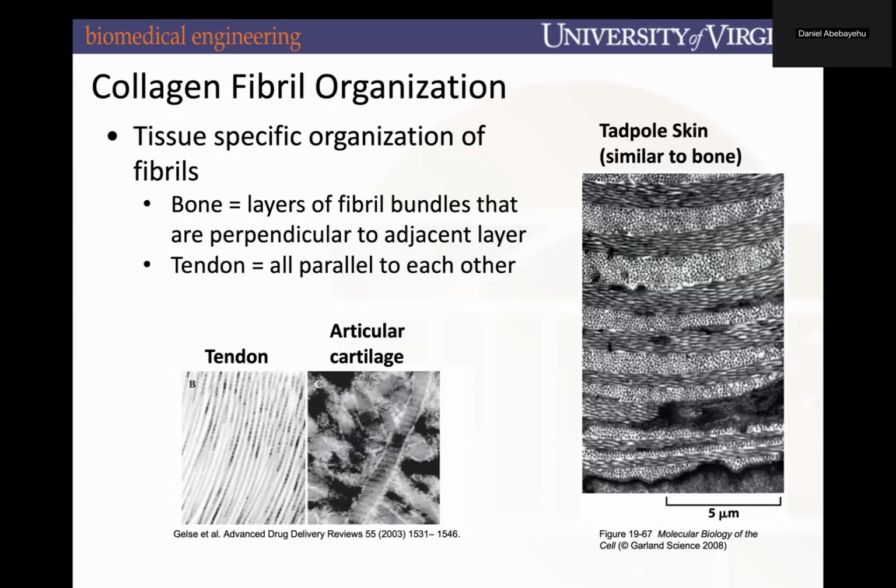The key thing to take away about stabilization by cross-linking is that it is another method to further provide stability and strength to collagen fibrils, to help them carry out their function and withstand tensile forces in a variety of tissues. The orientation of that cross-linking will be different based on what tissue you're in, but if we zoom out and consider collagen in tissue in general, that cross-linking is really important to stabilize and provide more tensile strength.